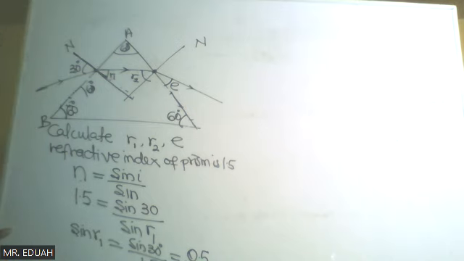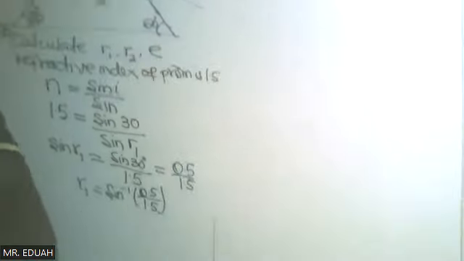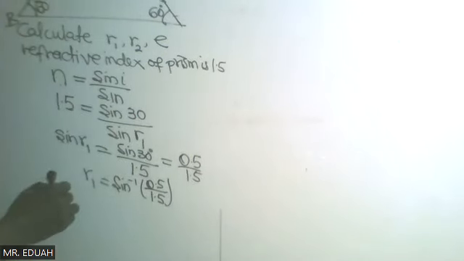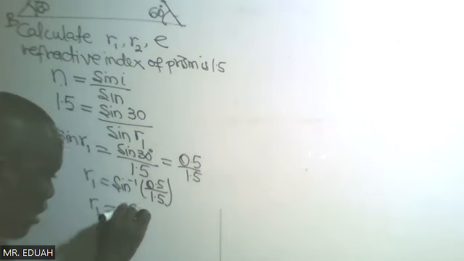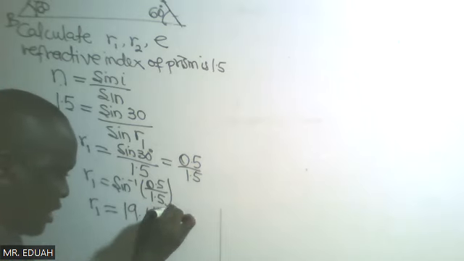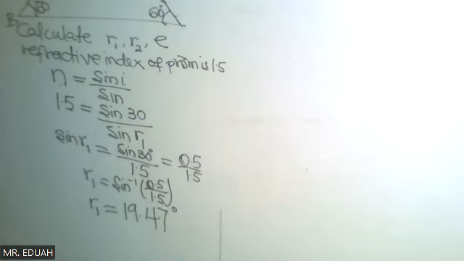So R1 will be equal to the sine inverse of 0.5 over 1.5. Akofala, what did you get for R1? 19.47 degrees. So that is R1.